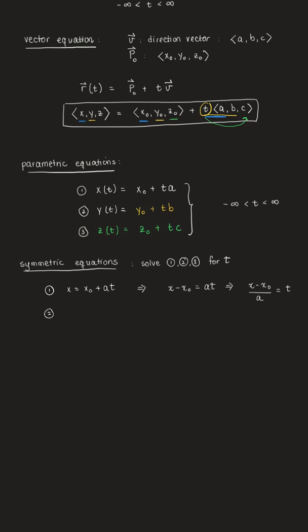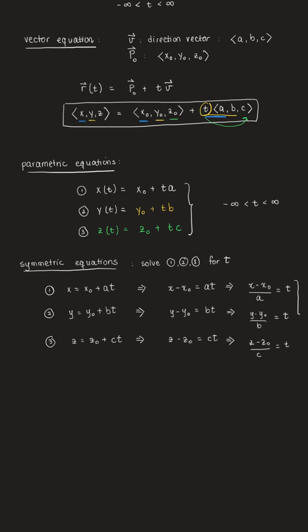Our second equation, y equals y sub 0 plus bt, I'm going to solve for t also. So we'll have y minus y0 equals b times t, and then dividing both sides by b gives y minus y sub 0 over b equals t. And our third equation, z equals z sub 0 plus c times t, will become z minus z0 equals ct. Solving for t, I'm going to divide both sides by c to get z minus z sub 0 over c equals t.